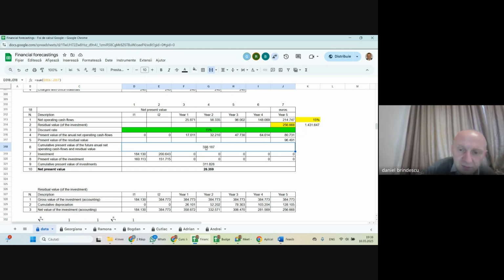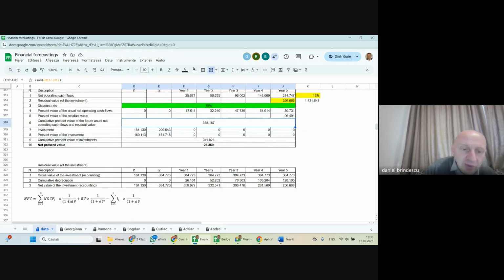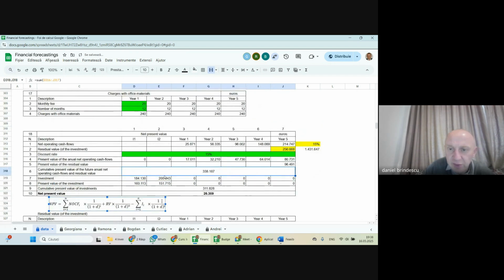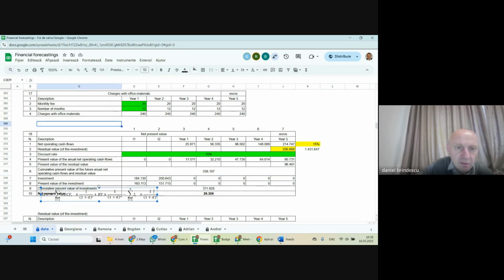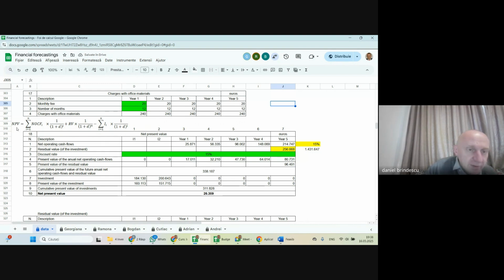Now, I want to have a look at the formula. Maybe I should put it here. So it's the formula, as I was saying, for the net present value.